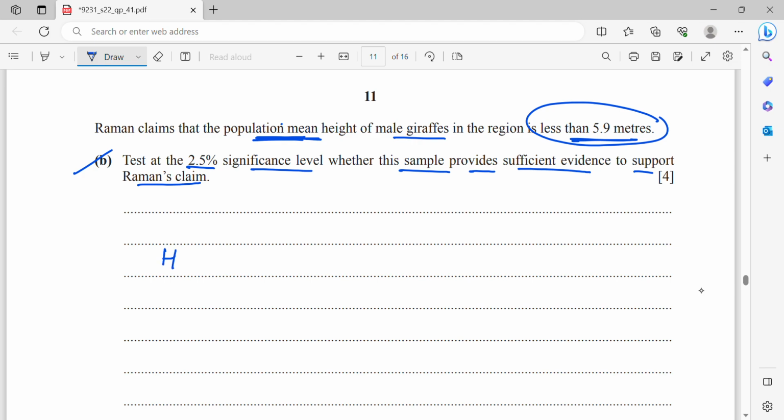That is our H1. So mu less than 5.9. Then for the H naught, it will be mu equals 5.9. Okay, and then now it is 2.5%. Therefore, it will be 0.025 for the alpha value.